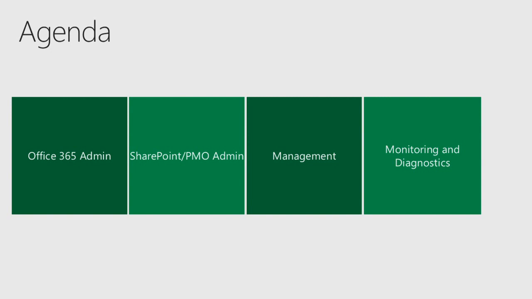Then I'll move on to how it all works, how project instances and the queue and a little bit of architecture work, and how we could administer it through PowerShell, and in the end, about monitoring and diagnosis.